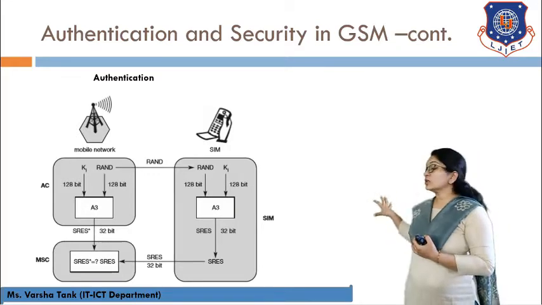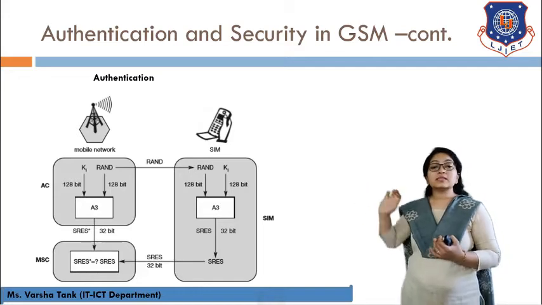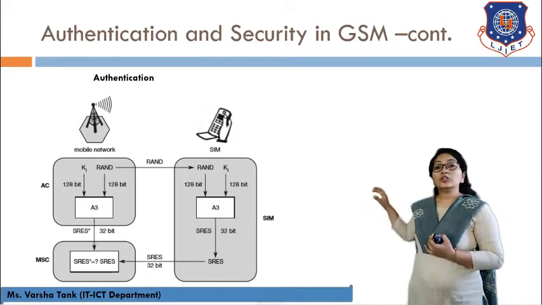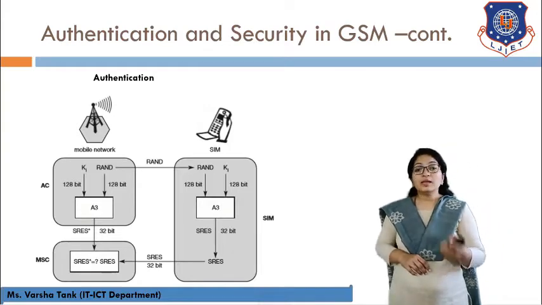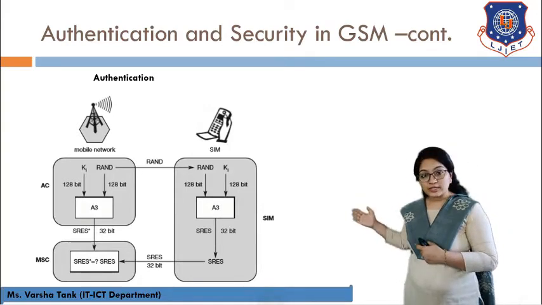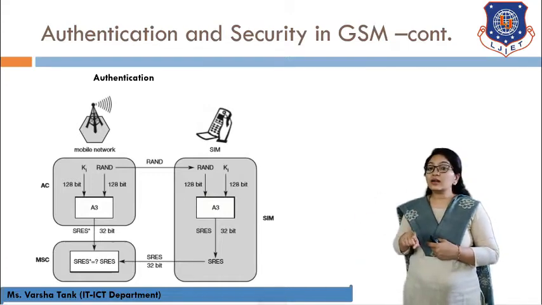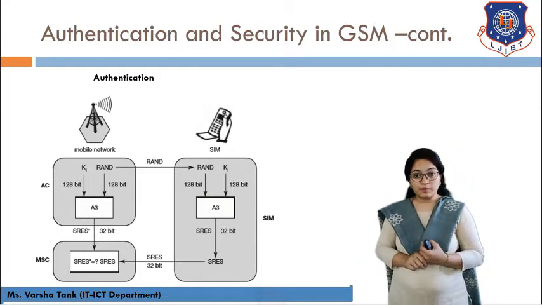That A3 algorithm is in the AUC as well as in your SIM. The authentication center will generate one random number, use it, and that random number is also given to the SIM.